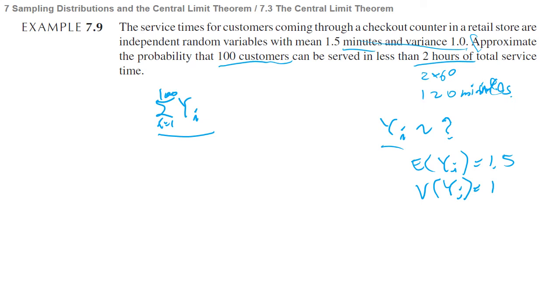We want to find the probability that the sum of all these service times is less than 2 hours, which is 120 minutes. So we want to know the probability of this.